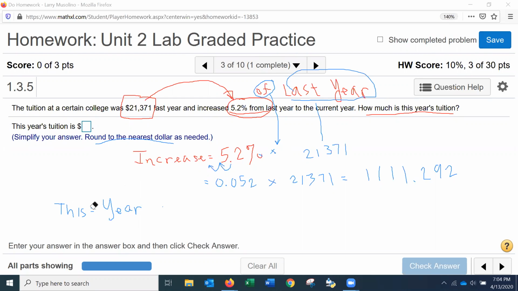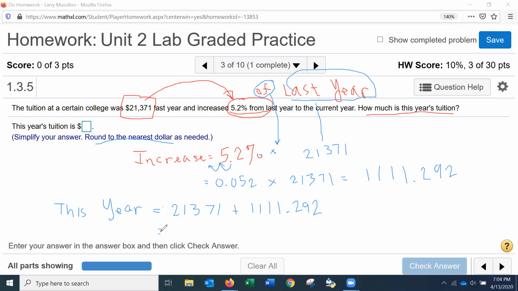So this year's tuition is going to be equal to last year's tuition plus the amount of the increase. So that's going to be 21,371 plus the amount of the increase, which we know is $1,111.